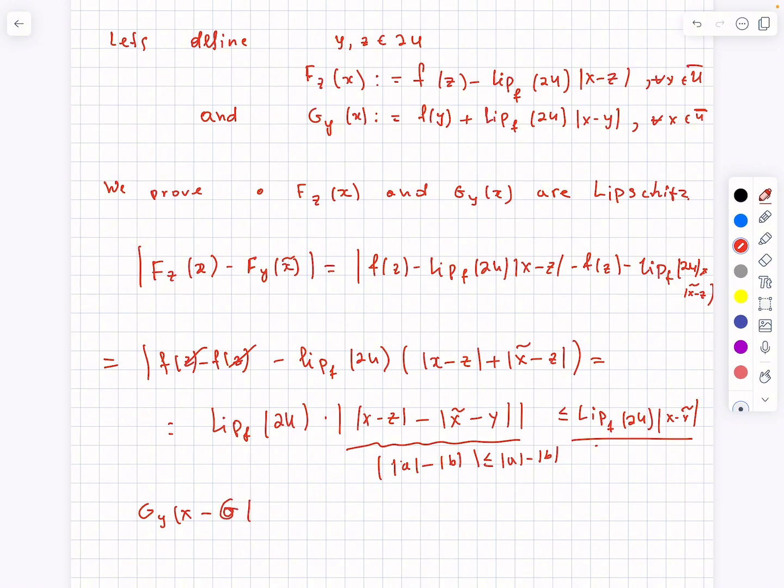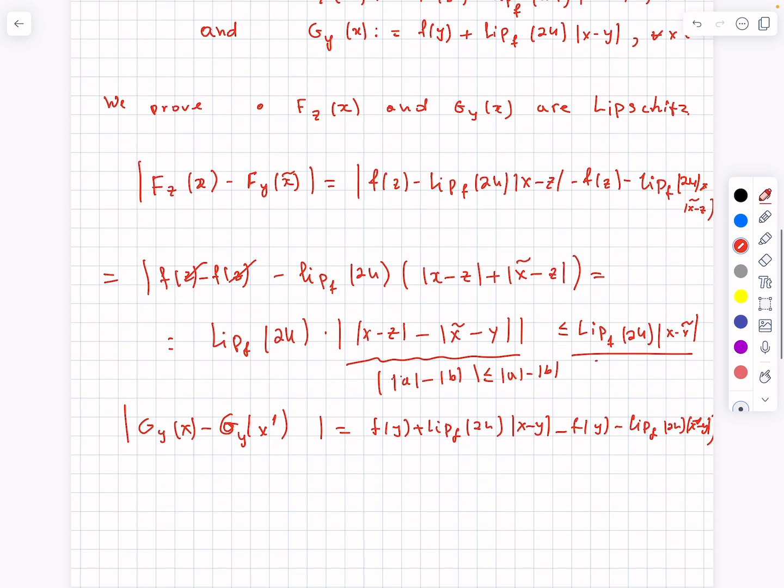Same situation when we have g_y(x) minus g_y(x prime), which is equal to f(y) plus Lip(f, ∂U)|x - y| minus f(y) minus Lip(f, ∂U)|x' - y|. And here f(y) goes with f(y), and we have Lip(f)times the absolute value of |x - y| minus |x' - y|.